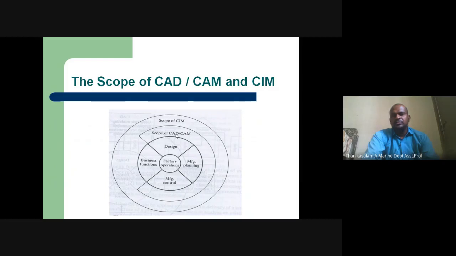The CAD CAM belongs to design, manufacturing planning, and manufacturing control. That is the scope of CAD CAM. But the CIM is combined with design, manufacturing planning, manufacturing control, and business function. That is CIM.